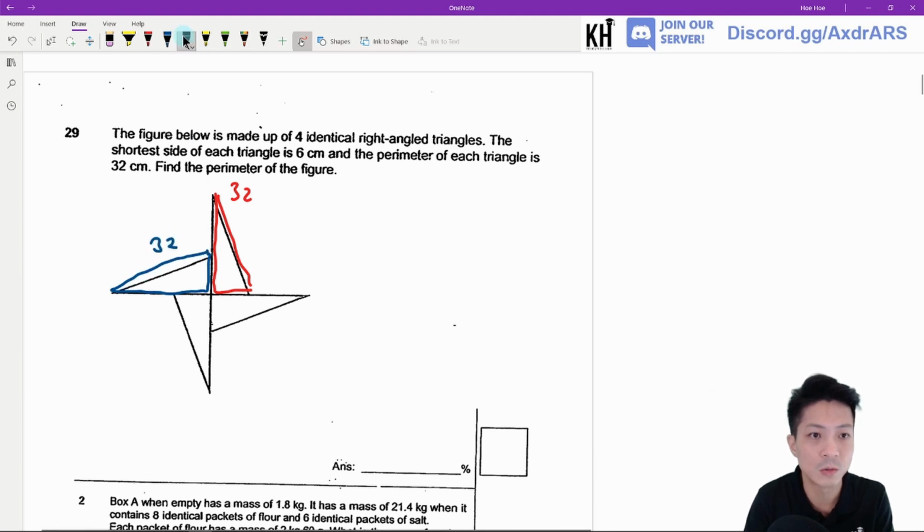Okay, this will be 32. Yellow is a bit harder to see, but sure you can see it. Okay, this will be another 32, and I need a green color for the next triangle.